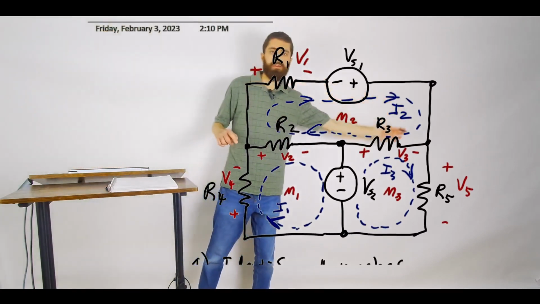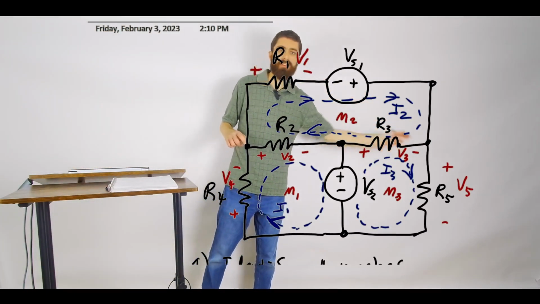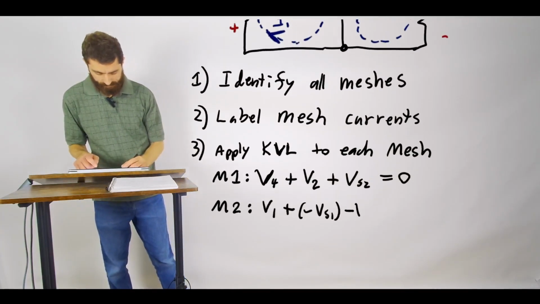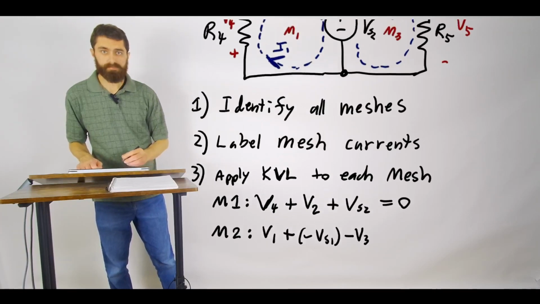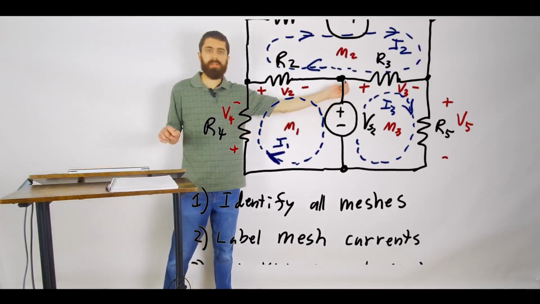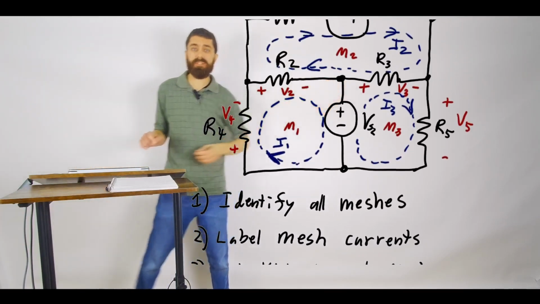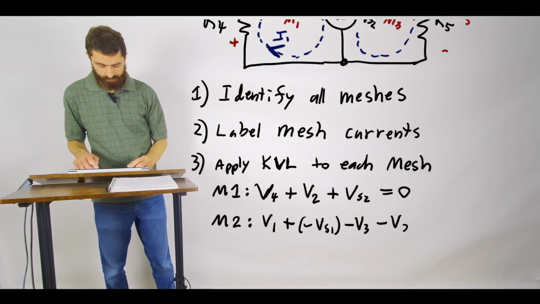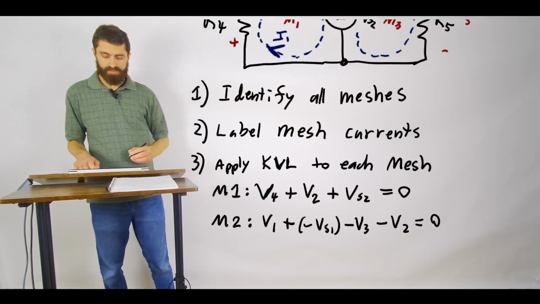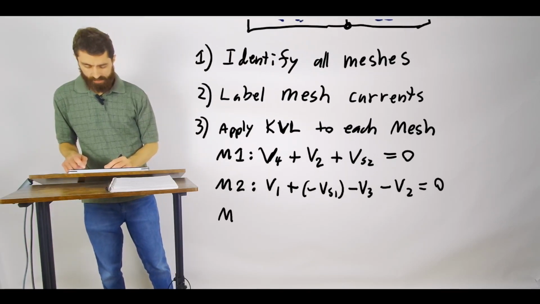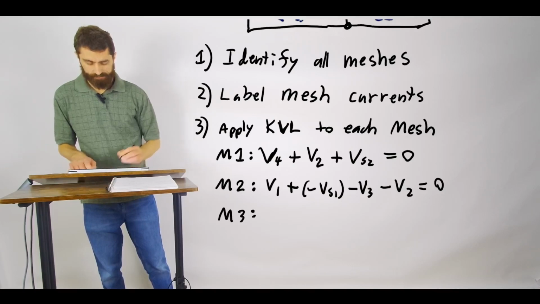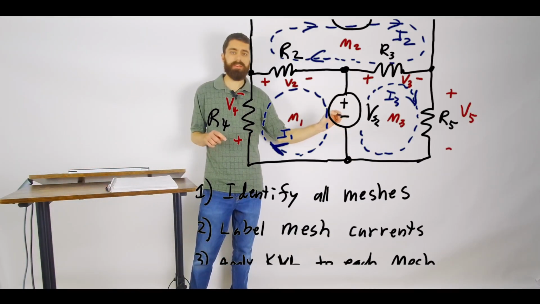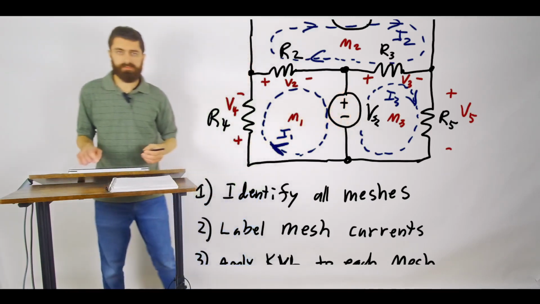And then we go around and hit a minus sign over there, so minus V3. And then we continue going this way and hit a minus V2. And that is all equal to 0. Now one last one, mesh 3. So starting here, we hit a minus there, minus VS2.